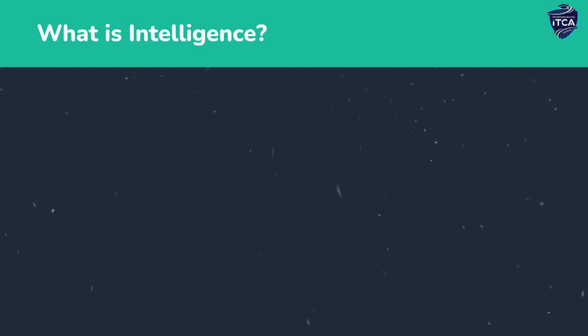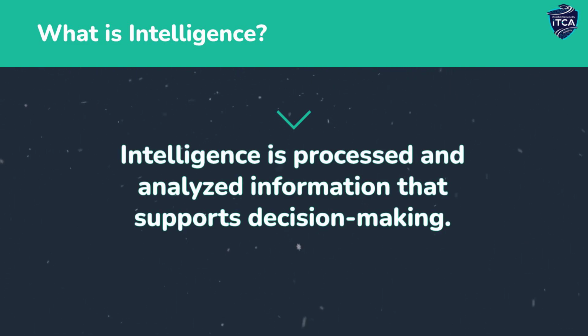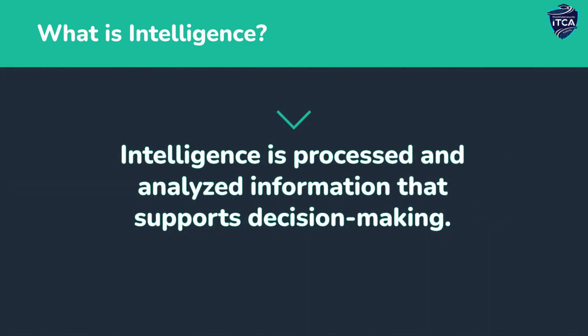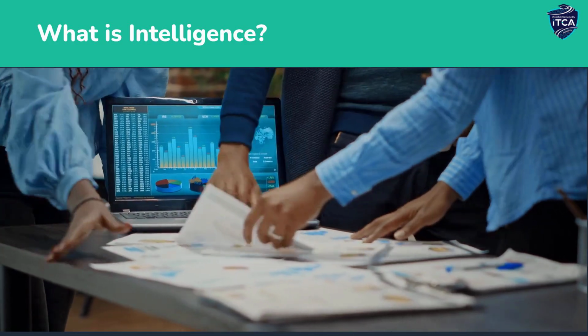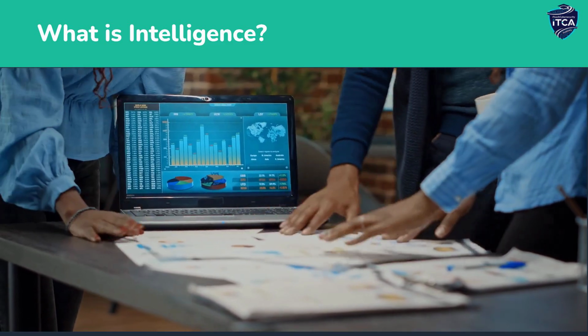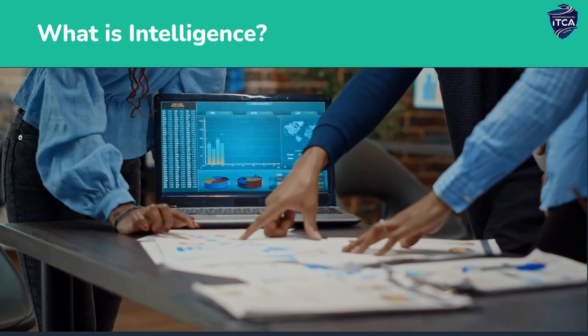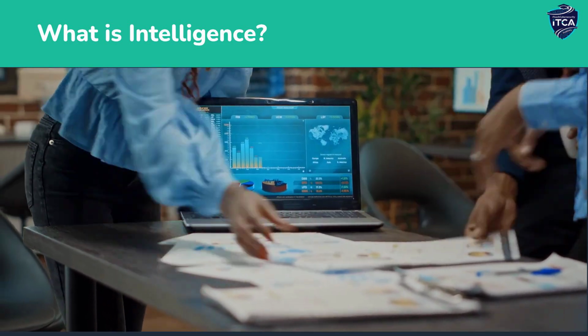What is intelligence? Intelligence is processed and analyzed information that supports decision-making. In simple terms, intelligence answers questions, reduces uncertainty, and helps leaders make informed decisions. Intelligence is not just information. For information to become intelligence, it must be collected for a specific purpose, analyzed by someone with expertise, and interpreted within the correct context.